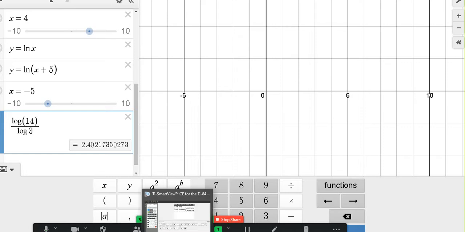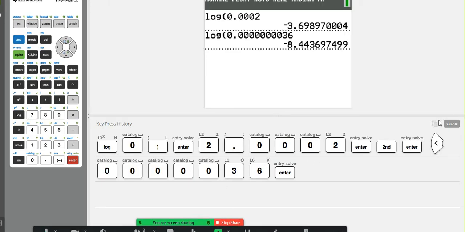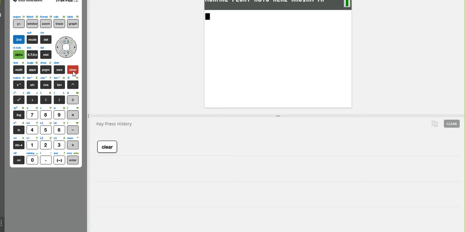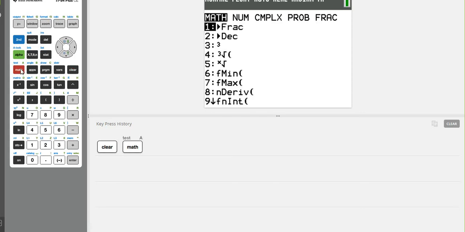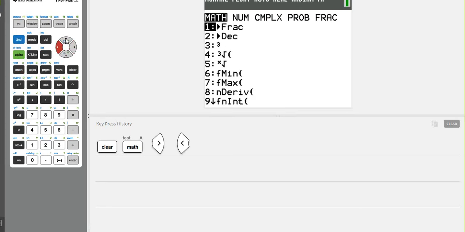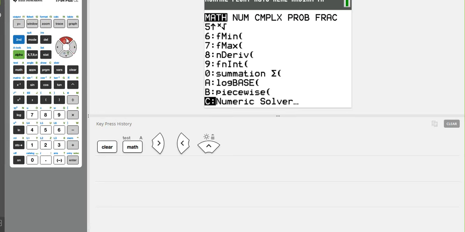Now, in my last video, I showed you how to find log of any base. But what I'd rather show you is how to find that on your calculator. The cool thing is that you can do this directly on your calculator. If you go to the math button, and I think we might have to go to number. Is it number? No, maybe wrong. Here we go. It's near the bottom of the math menu.